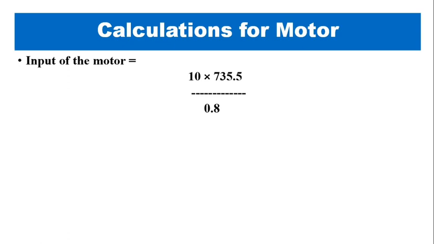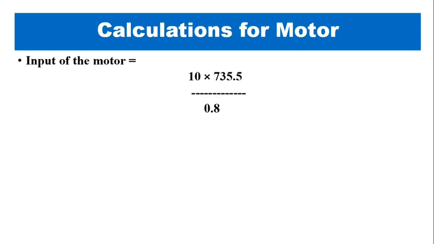As the rating of motor you have been given in HP, that is 10 HP, you have to convert it into watts. So how to convert HP into watts? You have to take HP into 735.5, that is 1 HP is equal to 735.5 watts.